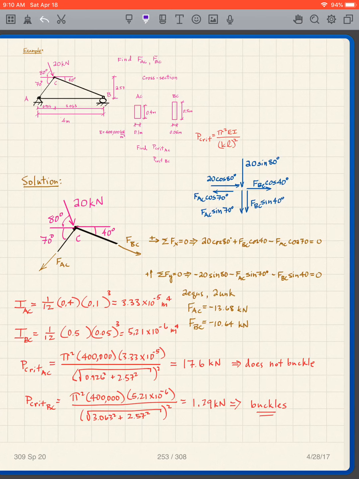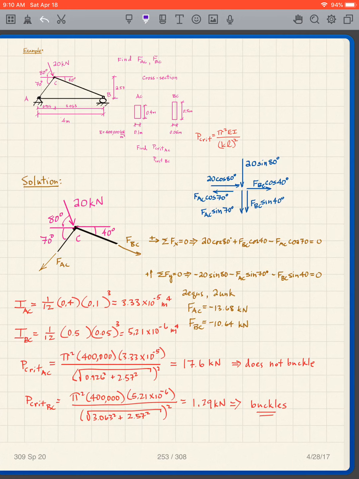P critical for AC is going to be pi squared E I over K L squared. Well, what's my K? Because it's a truss, everything is pin-pin. So the K for truss members is 1, so this is simply L squared.